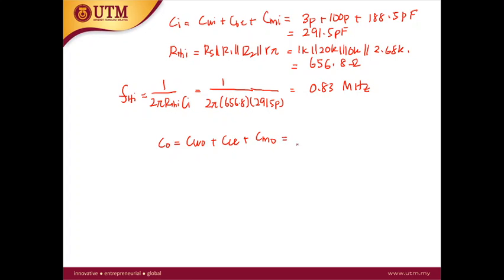So this is 5 pico plus 2 pico plus 2.02 pico, equal to 9.02.